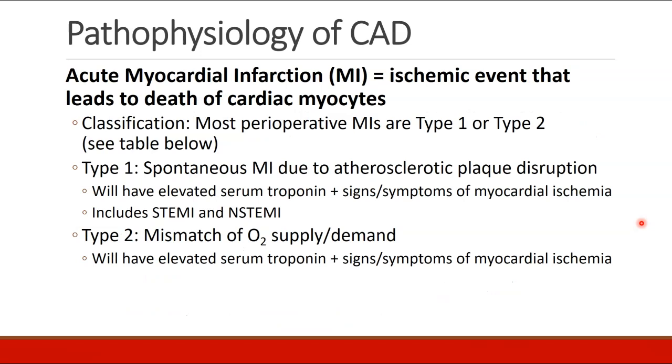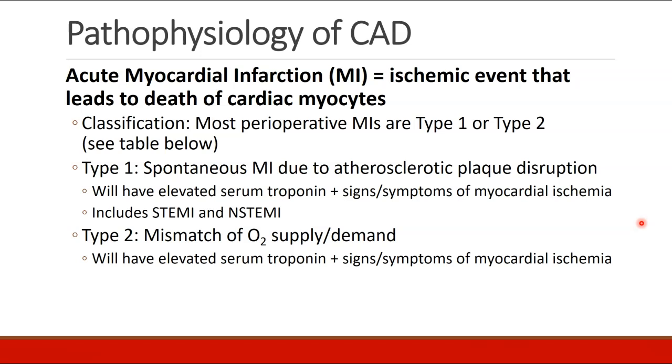When we talk about an acute myocardial infarction, we're talking about an ischemic event that leads to death of cardiac myocytes. There is a classification system for acute MI, which we'll highlight in just a moment, but most perioperative MIs are type 1 or type 2. A type 1 MI is a spontaneous MI due to atherosclerotic plaque disruption.